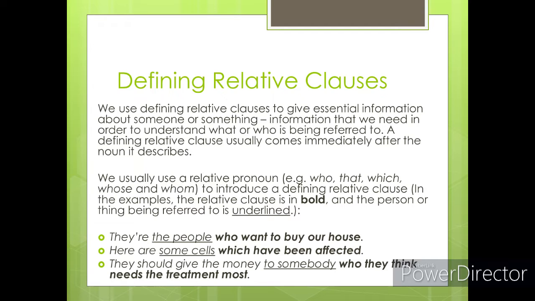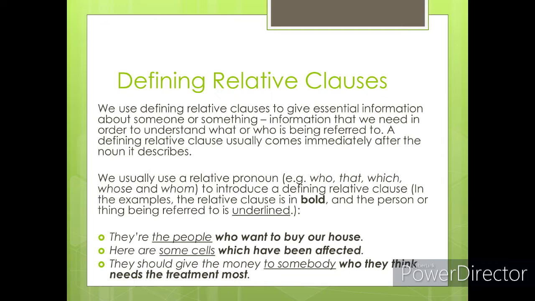We usually use a relative pronoun, for example who, that, which, whose, and whom, to introduce a defining relative clause. In the examples, the relative clause is in bold and the person or thing being referred to is underlined.